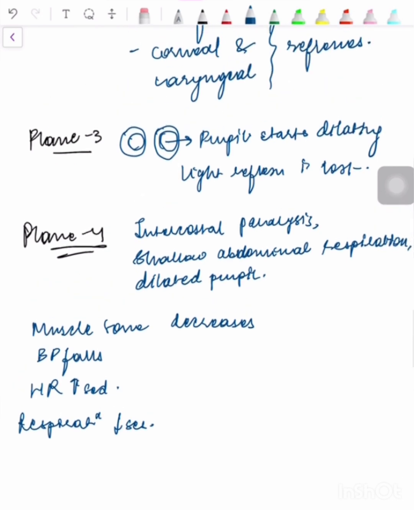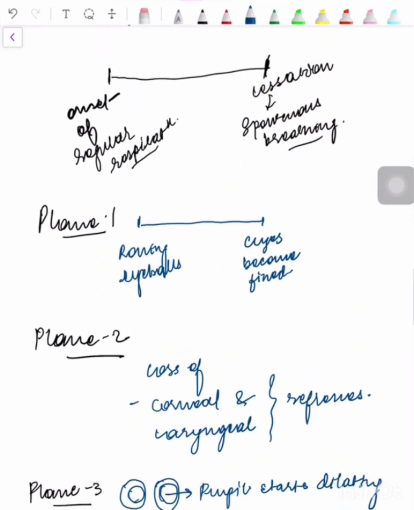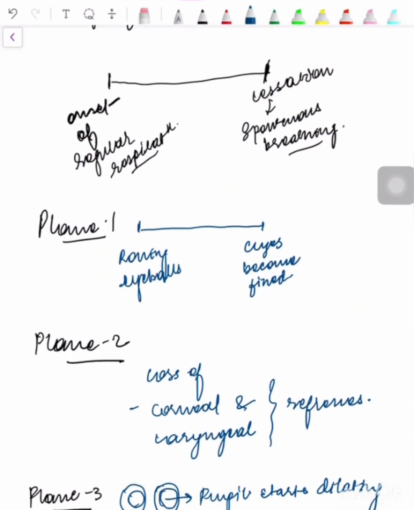So this is your surgical stage of anesthesia, where any surgical procedure is actually done.